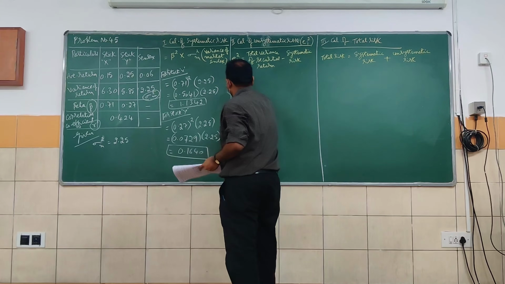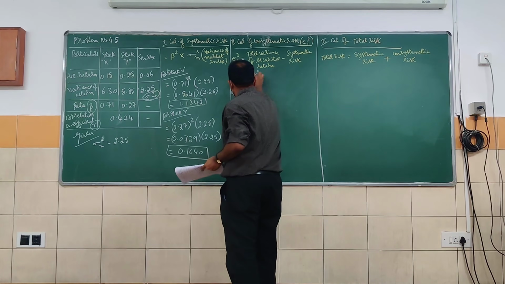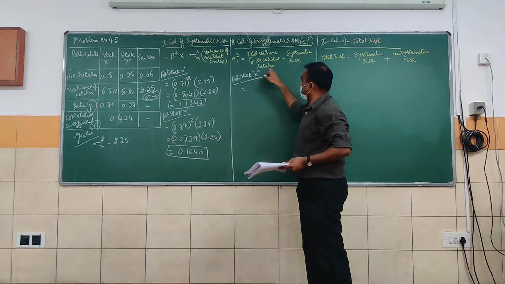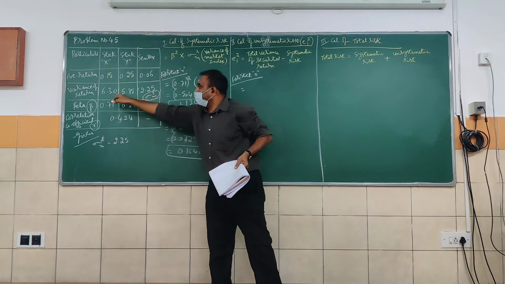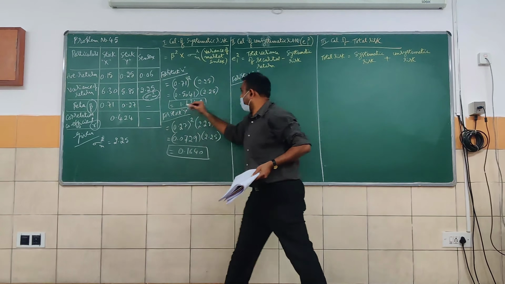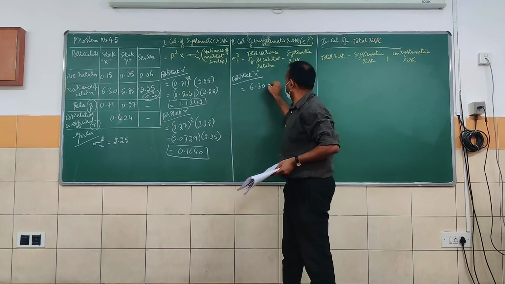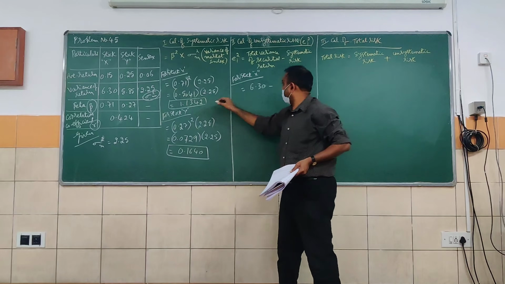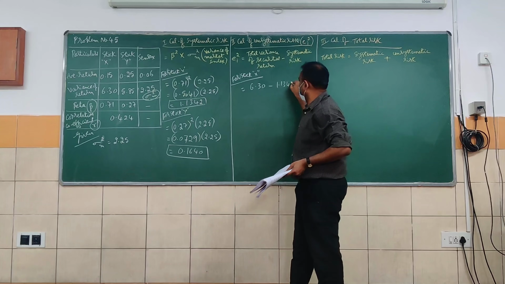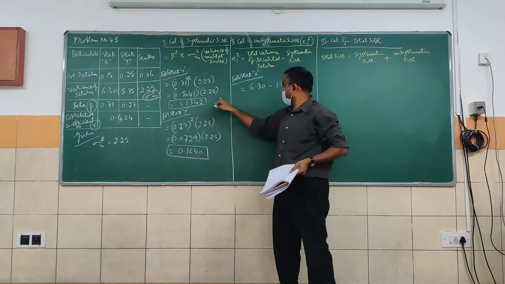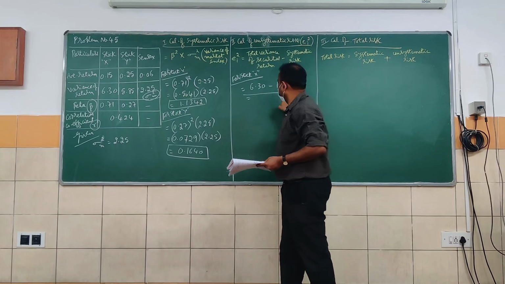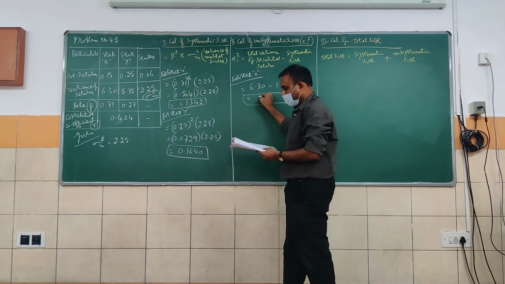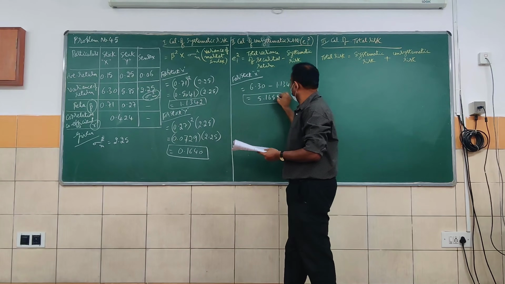First, for stock X, total variance of security return is 6.30 minus the systematic risk we have calculated here, which gives 5.1658.